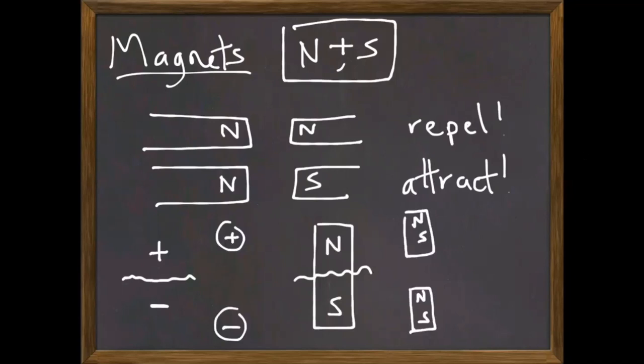So what are magnets? Well, right now, just know that magnets exist. Sometimes they occur naturally. We can make them, and we're going to learn a lot more about how they work shortly. The other feature of magnets is that they create a magnetic field.